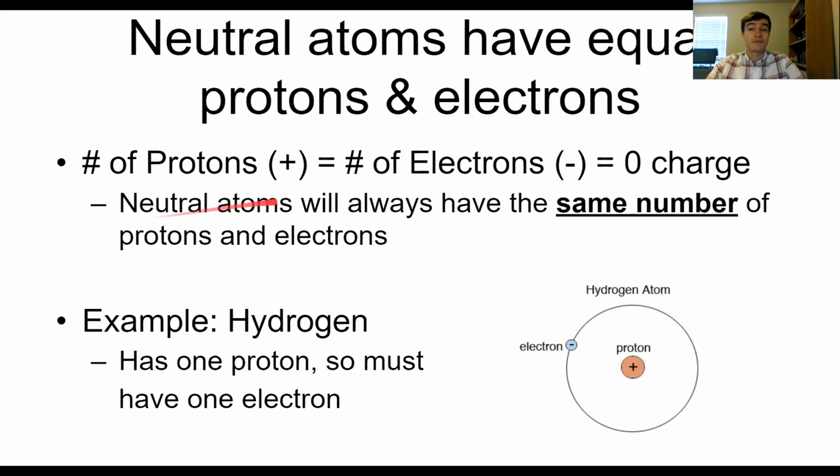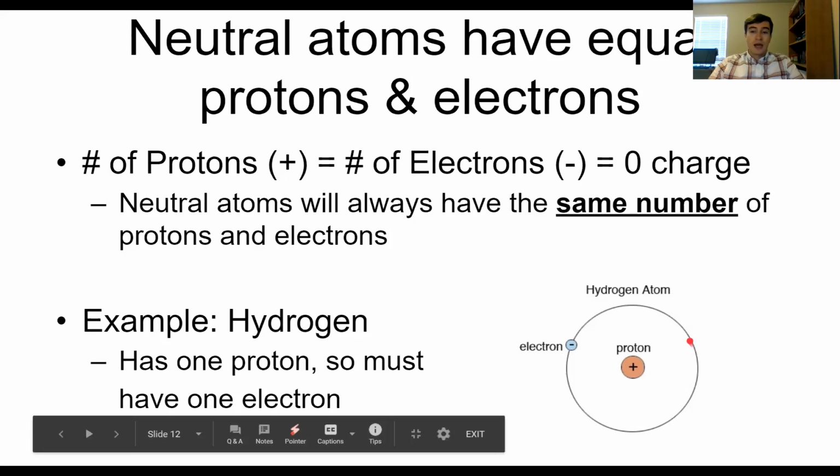So the simplest example of this is our buddy hydrogen, the H in H2O. Hydrogen is the smallest and simplest atom that exists. Hydrogen has an atomic number of 1. It's the very first atom on the periodic table. So since it has a number of 1, it's got 1 proton in its nucleus.